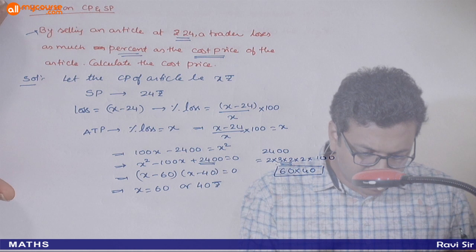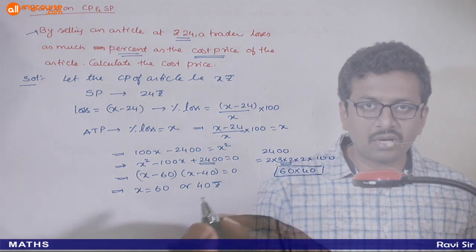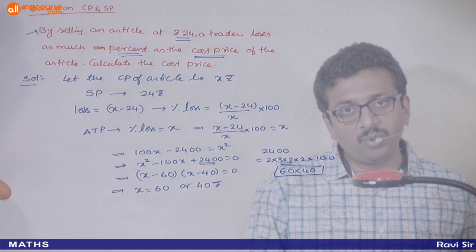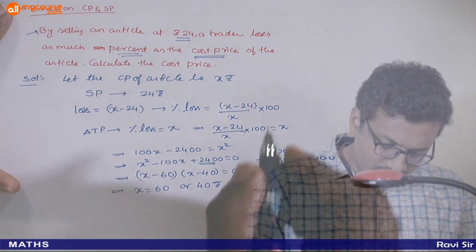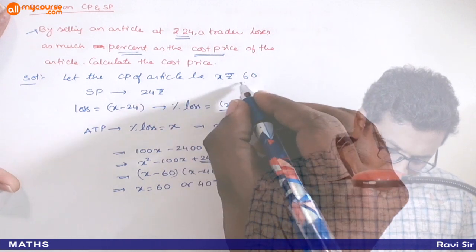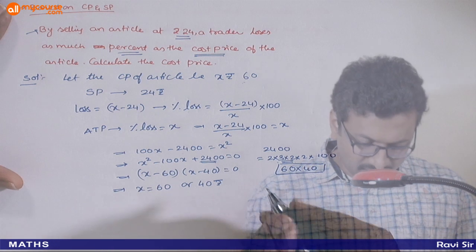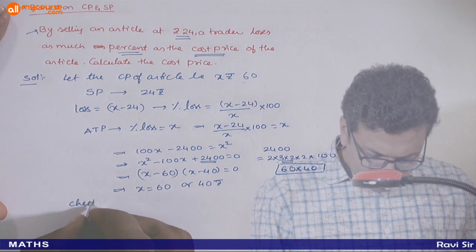That means the cost price of the article is either 60 rupees or 40 rupees. Both are fine. So if the cost price is 60 rupees, the loss percentage is how much? एक बार हम check करेंगे. So check.